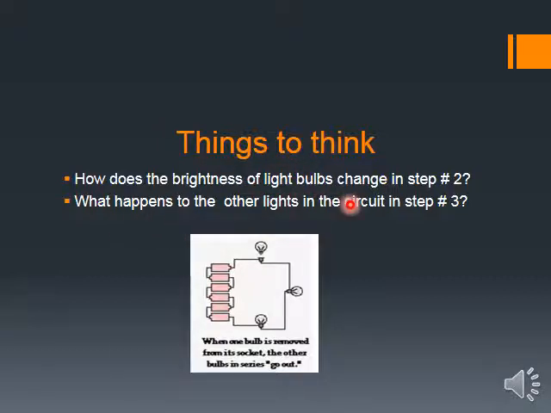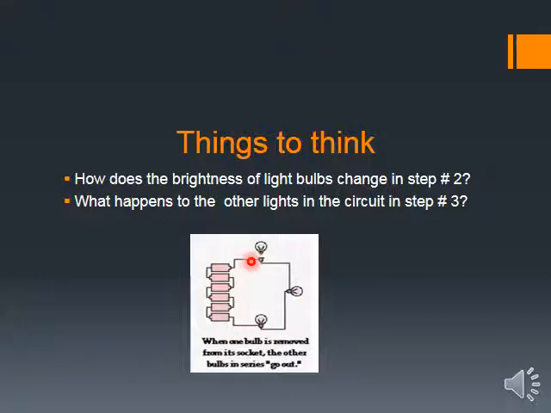What happened to the other light bulbs in the circuit in step 3? In step 3 we have added a burned out light bulb. As I have told you earlier, there is only one path for the current to flow.